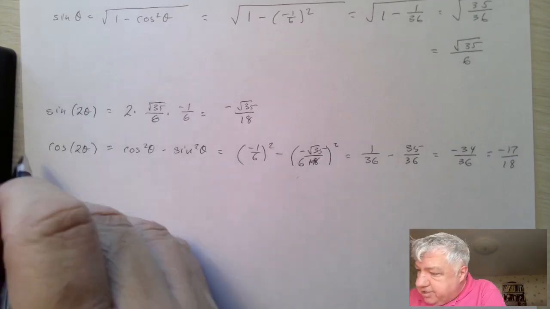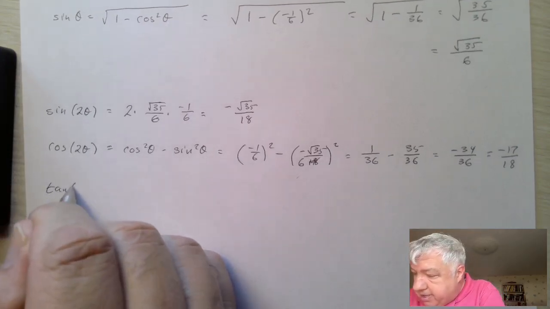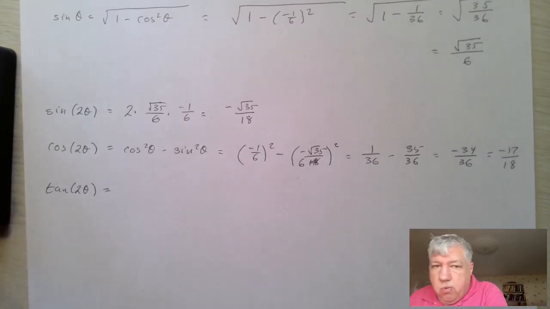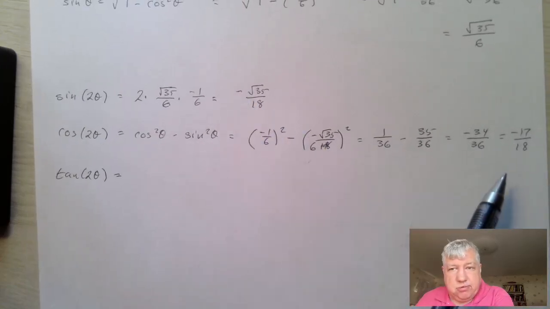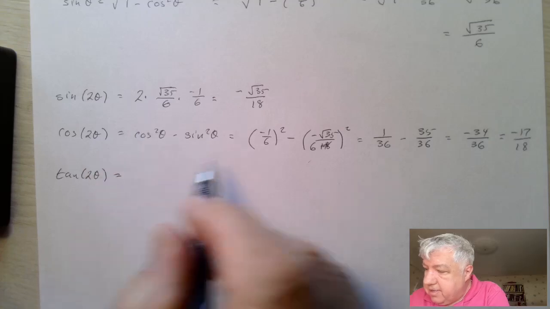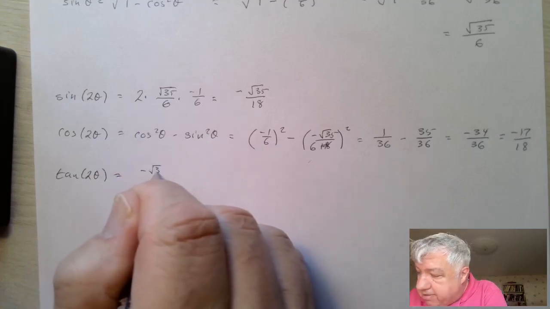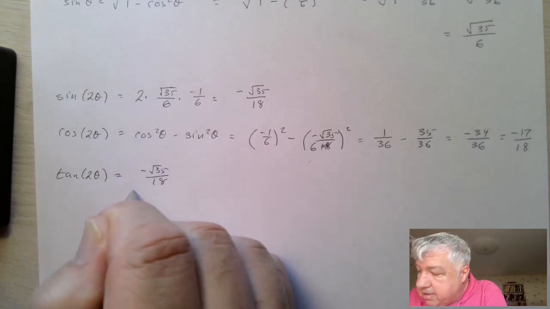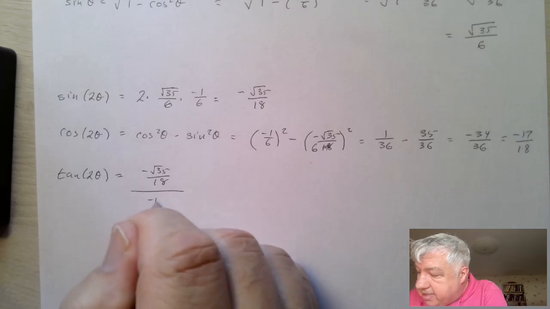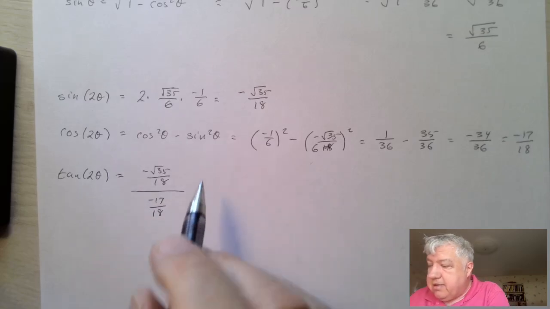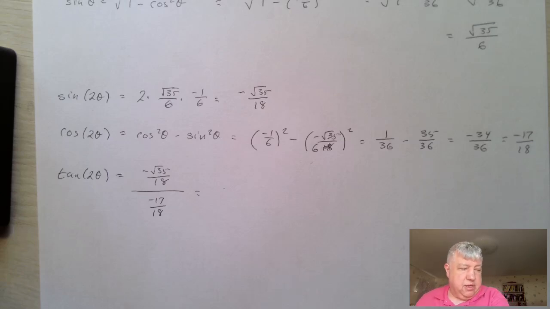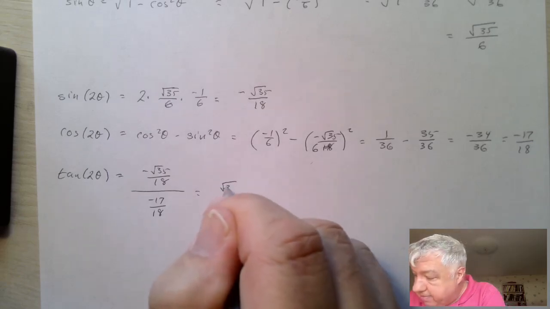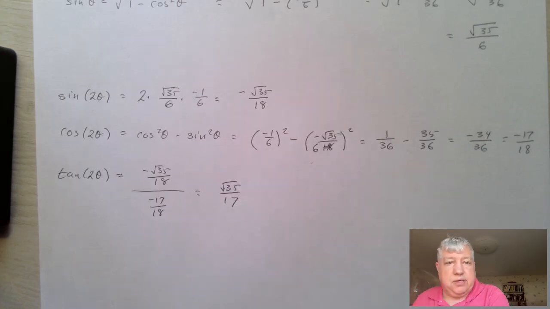Okay, the tangent of 2 theta, we can use the formula, or since I've already computed the sine and the cosine, let's just divide these. This will be negative square root 35 over 18 divided by negative 17 over 18. The 18s cancel, the minus signs cancel, and so this is just going to be the square root of 35 over 17.